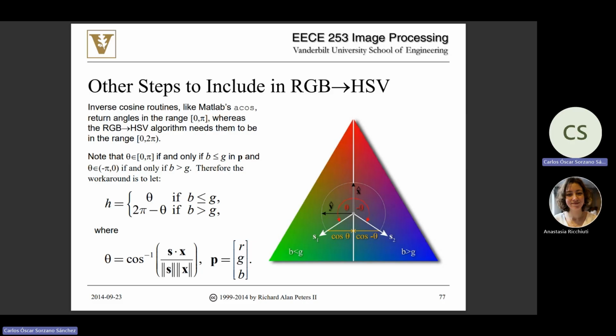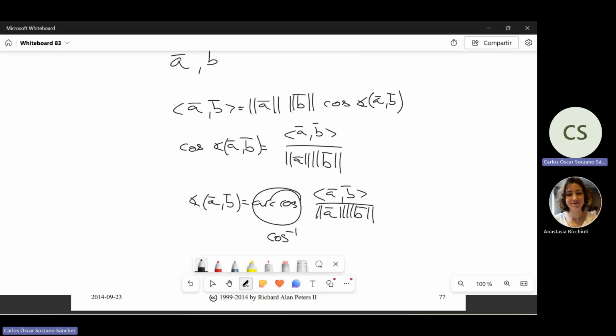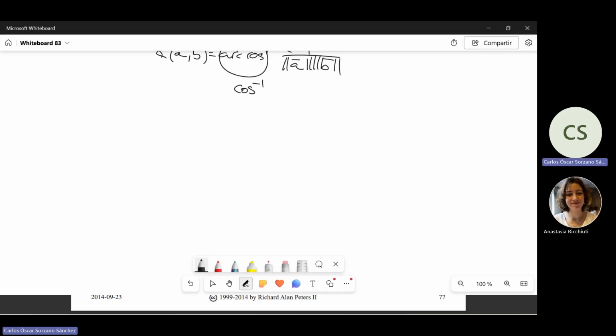But the definition of the angle is from X to S, and that is unique. So it is only the arc cosine that is not unique, and you should look for some other way. Actually, the best way, which is something computational, is the function atan2, you know this function.